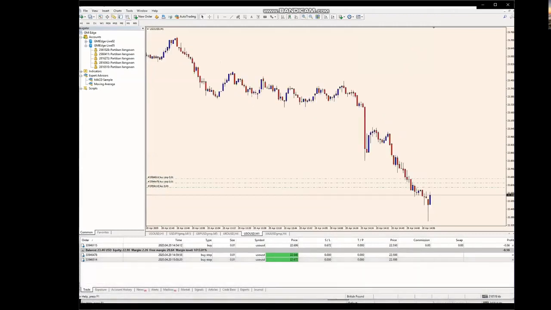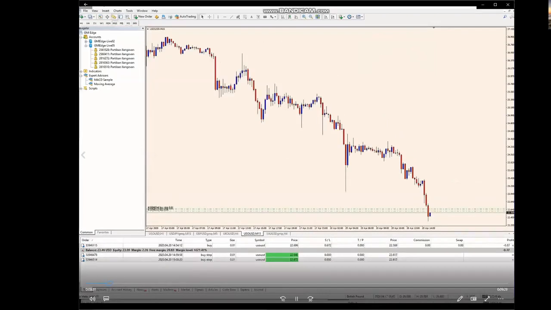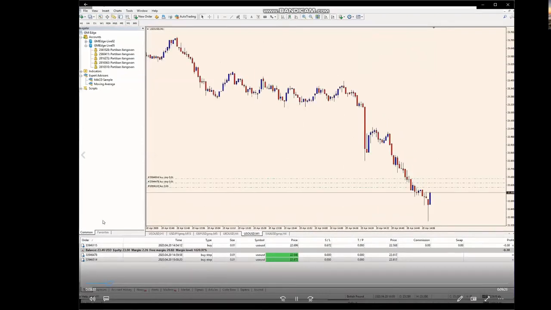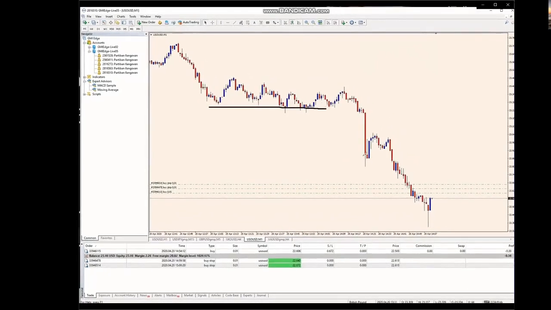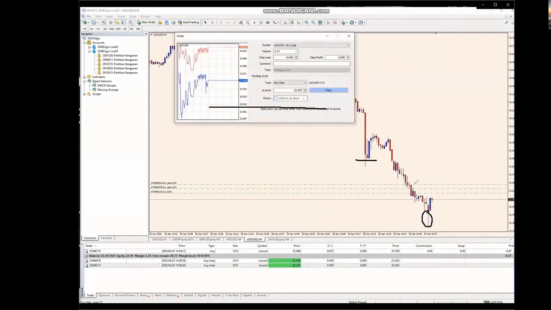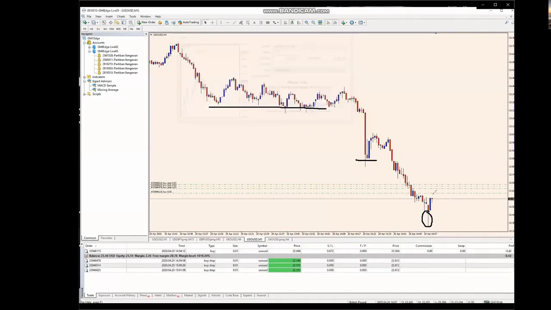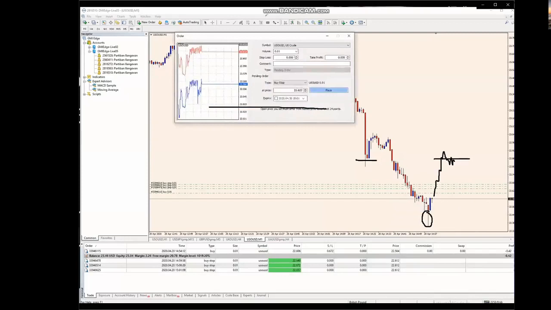So the balance is $23. If I see the price, this was the support, and the next support was here, and I see the price rejection over here. So most likely it can easily go up to this level.